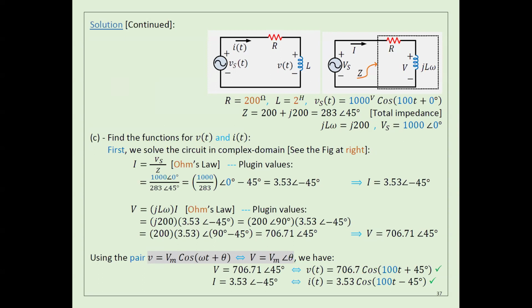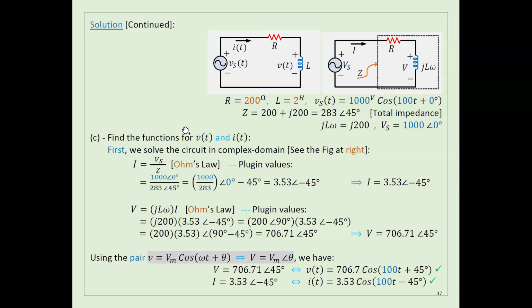That's a very good question, because if you want to convert it, j200 is actually 0 plus j200. So if you want to find this angle, it has to be the inverse tan of B divided by A, right? B here is 200, A is 0. So it should be inverse tan of infinity.